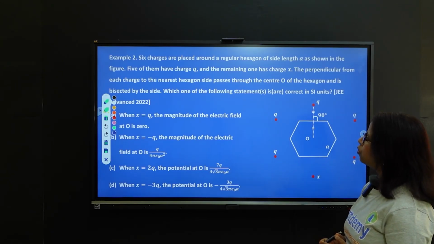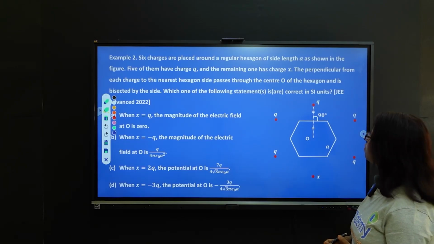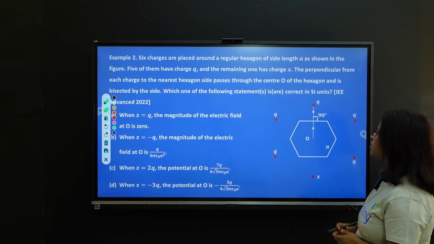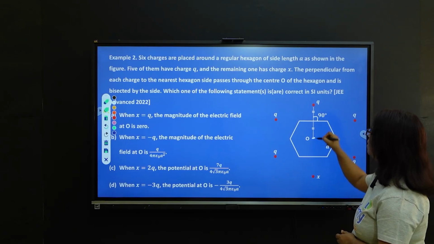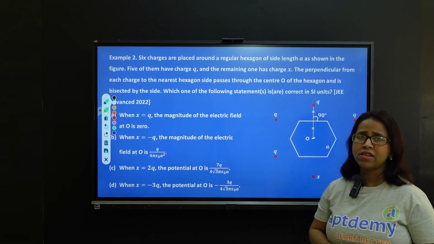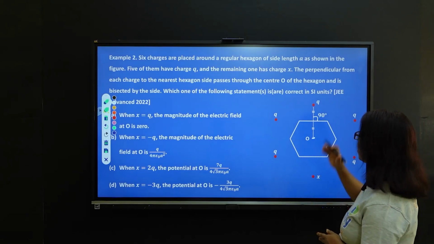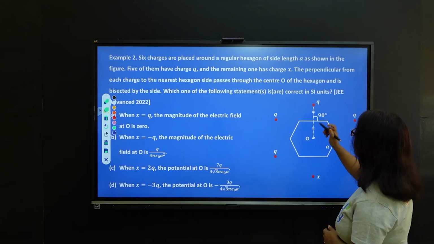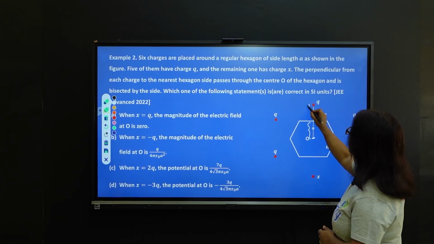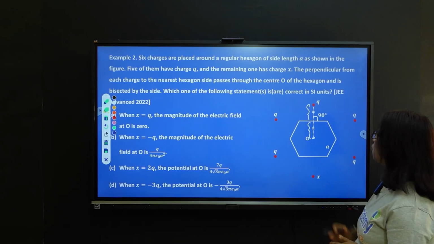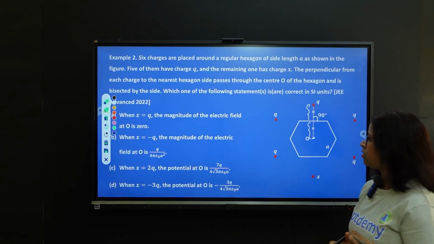So here if you note that the distance between each charge and the center is in fact bisected into 2 parts. Bisected, which itself means each part has got equal length. So why do we require this? We shall see very soon.